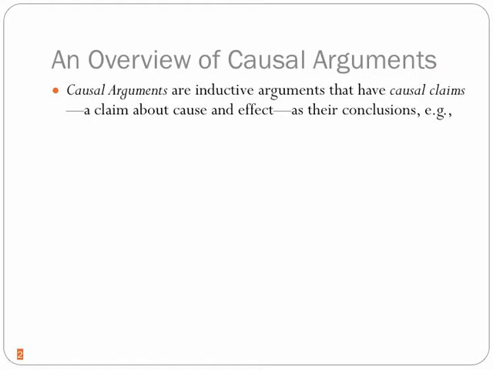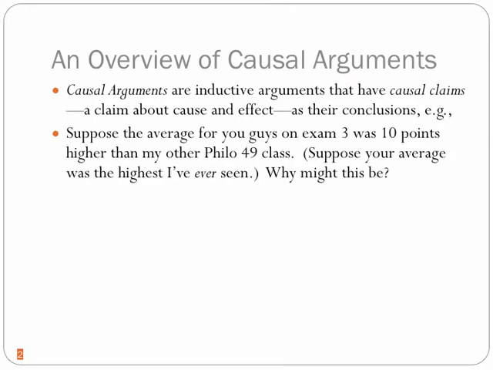So for instance, let's say that I have a philosophy class, call it Philo 49, and that the average for one section on the third exam was 10 points higher than the average in another section.